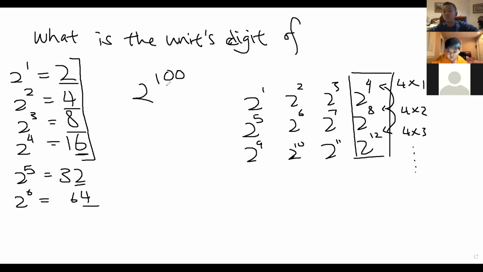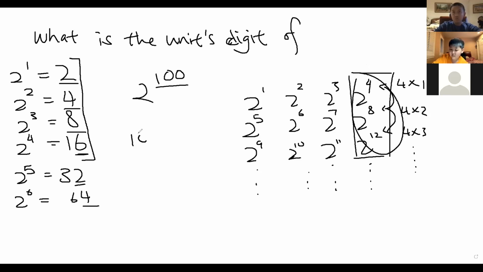And if I kept going, it's the same. So obviously I'm not going to keep writing this until I get to 2 to the power of 100. That's just a waste of time. So what I want to do is follow this pattern. What is the closest multiple of 4 to 100?